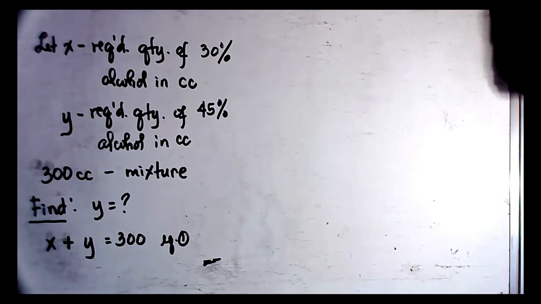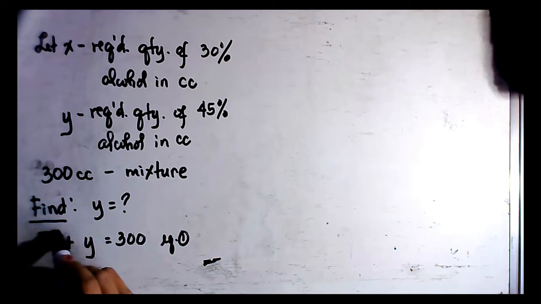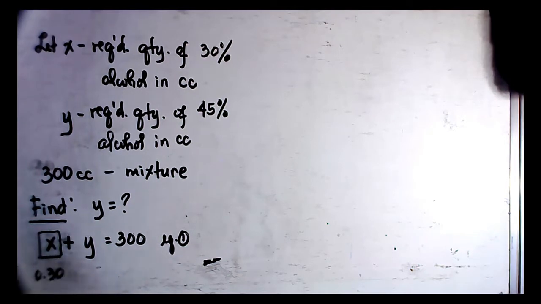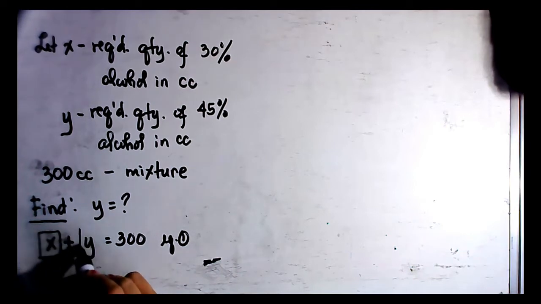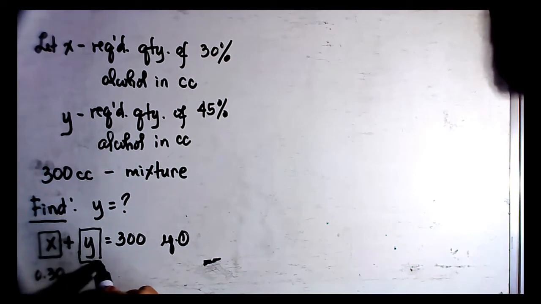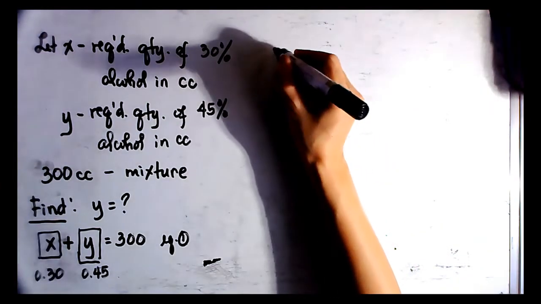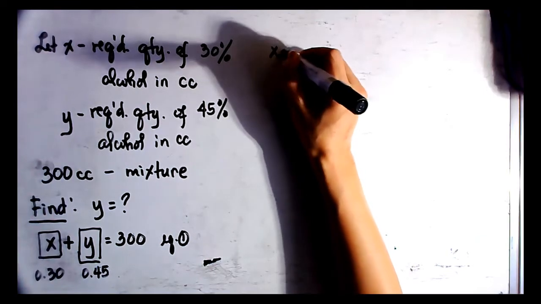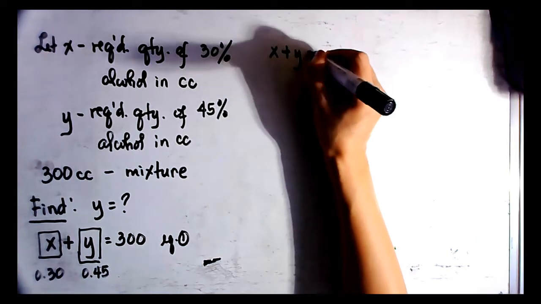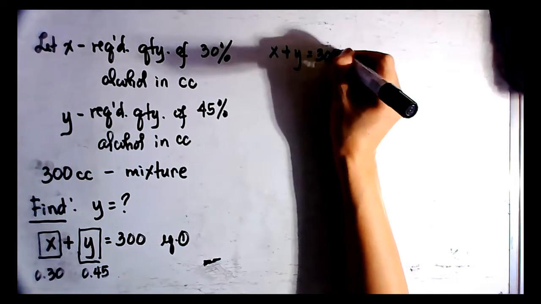So this is our equation. Let's call that equation 1. Remember that the X has a 30% solution, and for Y, it has a 45% solution, and the total of that will be 300. So in other words, one equation would be X plus Y is equal to 300.